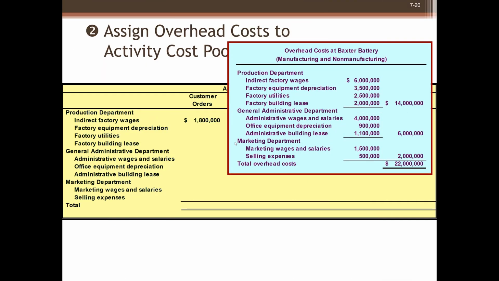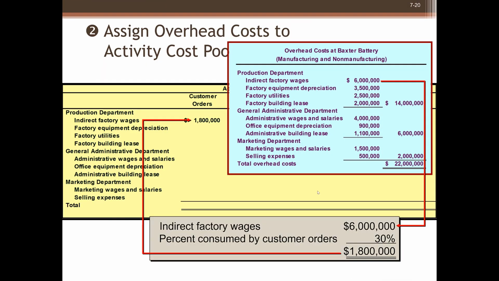So we can allocate 30% of $6 million, $1.8 million, to customer orders. You can see the calculation here, 6 million times 30%, and then we get 1.8 million.